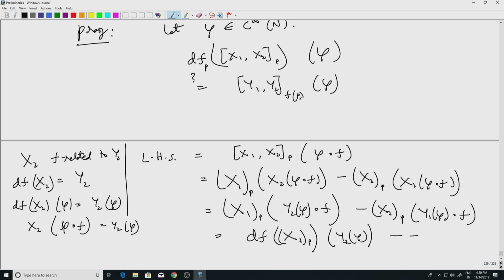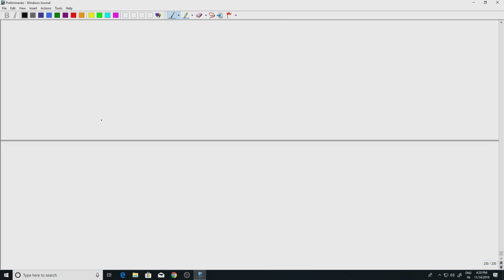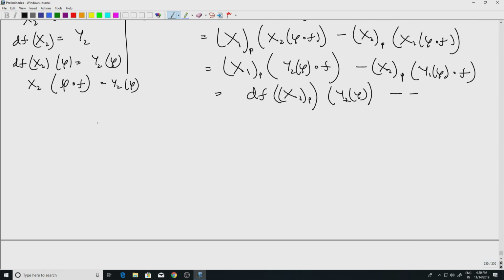Similar term here. So just to be clear, I'll put dot dot dot, and you'll get a corresponding term on the other side.